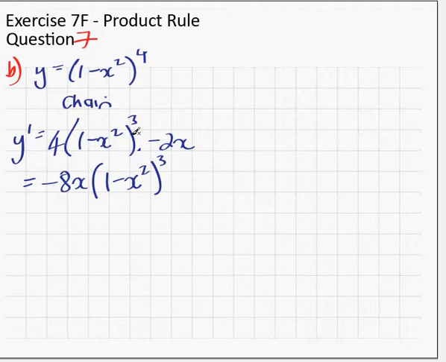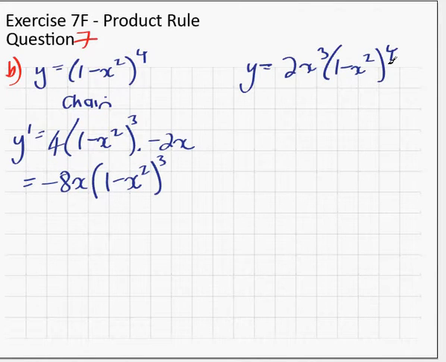Okay. And then it says, and then hence differentiate this piece. So now you can see that we've already done this component, and this will be our answer when we're ready for it. Just going to put a little line around here.